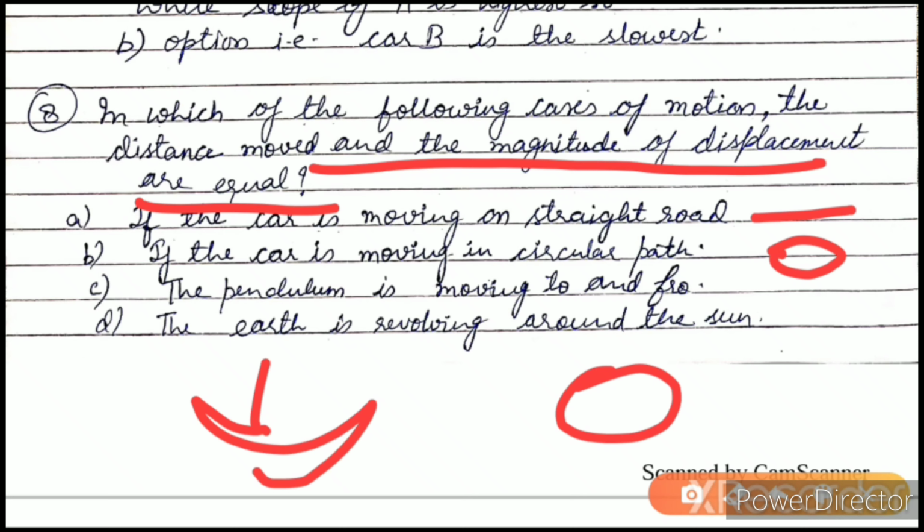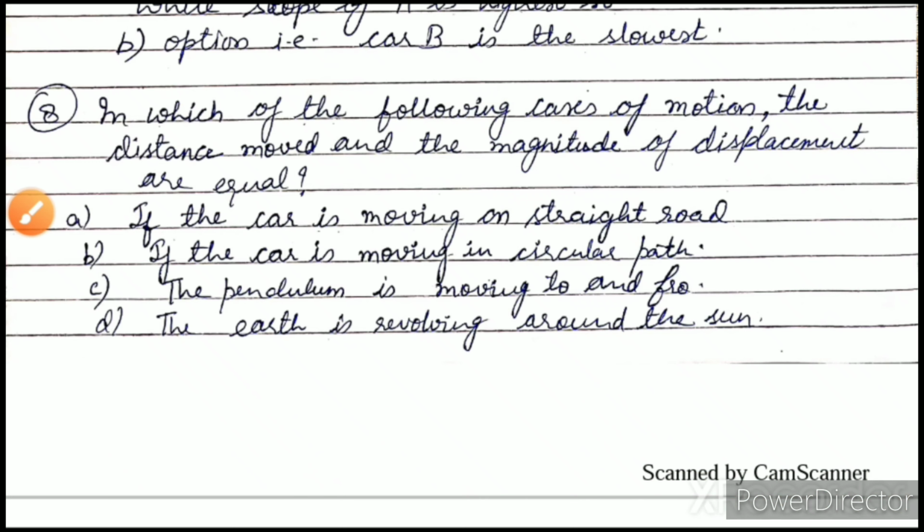In all the B, C and D cases, for a circular path the displacement will be 0. In the pendulum also, it will reach the same point, and in case D also, the earth will revolve around the sun and come to the same point. So it is only the first option in which the distance moved and the magnitude of the displacement will be equal, because the car is moving along a straight road.